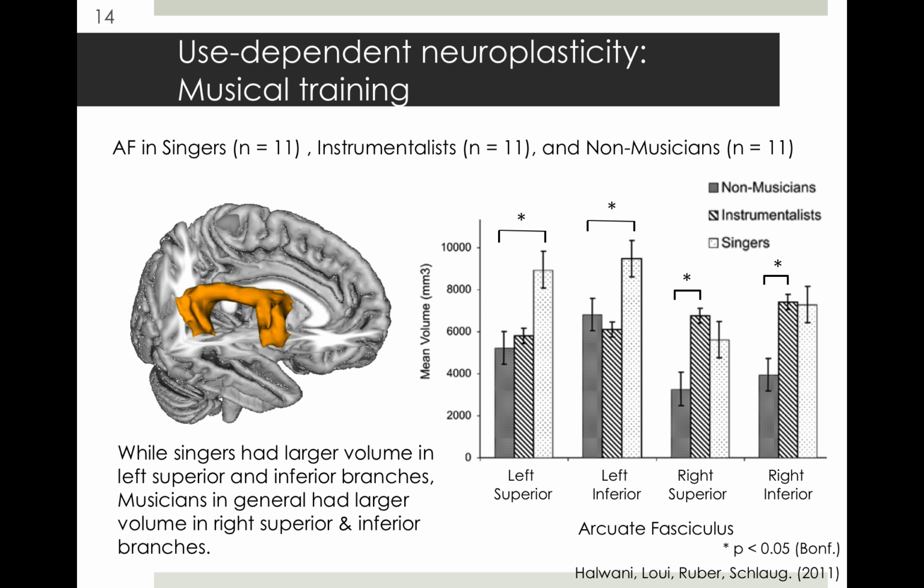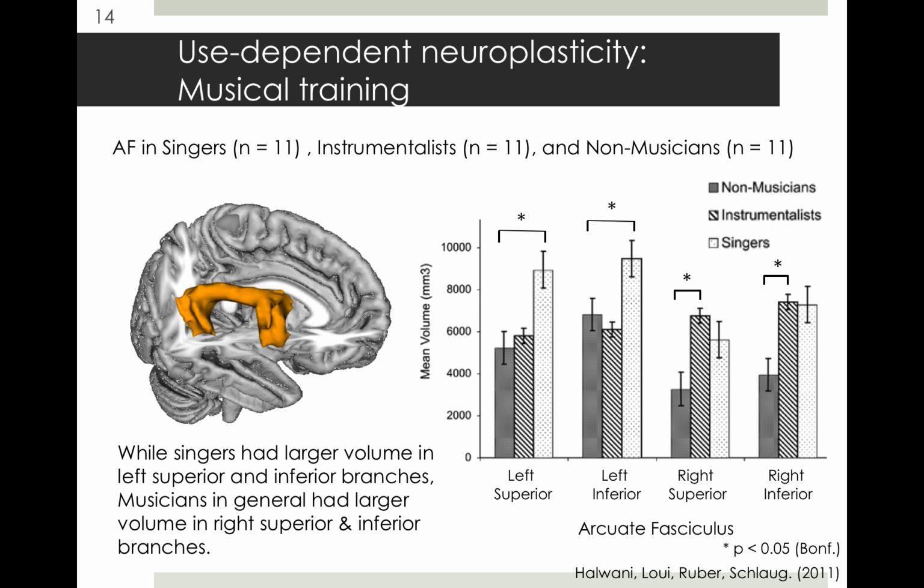So it seems like the right hemisphere arcuate fasciculus might be more important for any kind of pitch-related processing. The left hemisphere arcuate fasciculus might be a little more important for things that involve oral motor connectivity, or even the diction that comes with vocal training.